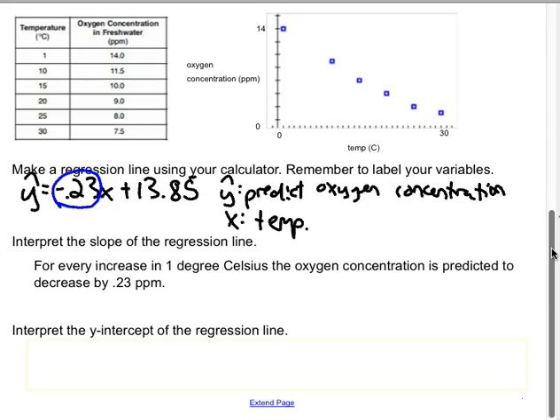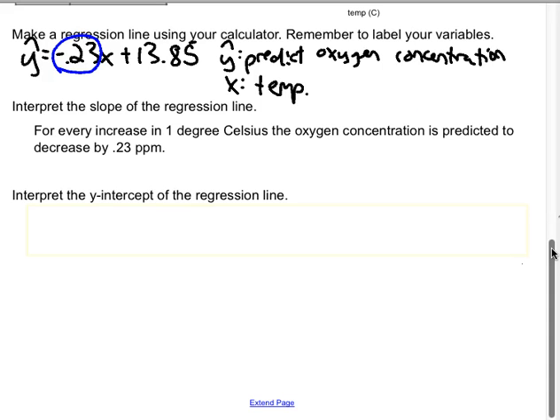So you're using the slope in there. The decrease is coming from the fact that the slope is negative, so that's why I'm saying it decreases. But again, when x increases by 1, the slope tells you how y is predicted to change. Now the y-intercept. The y-intercept is that number by itself, and it is the predicted value when x is 0.